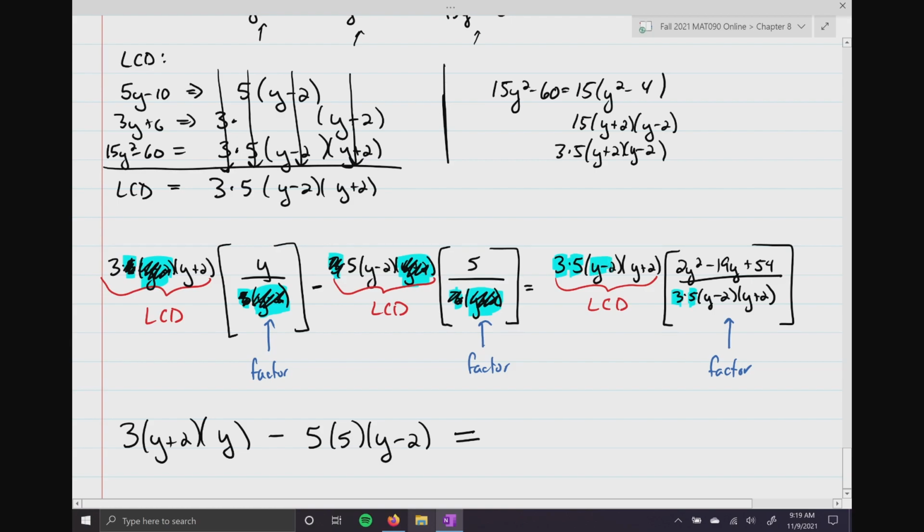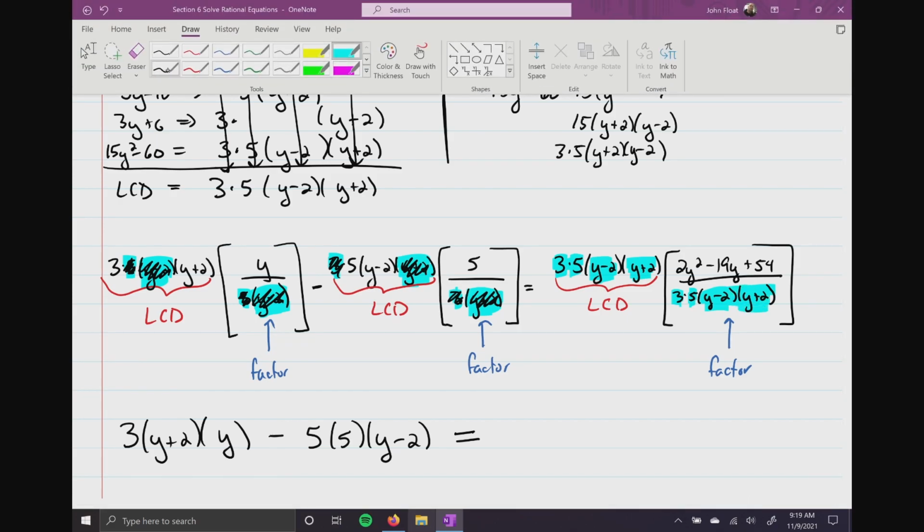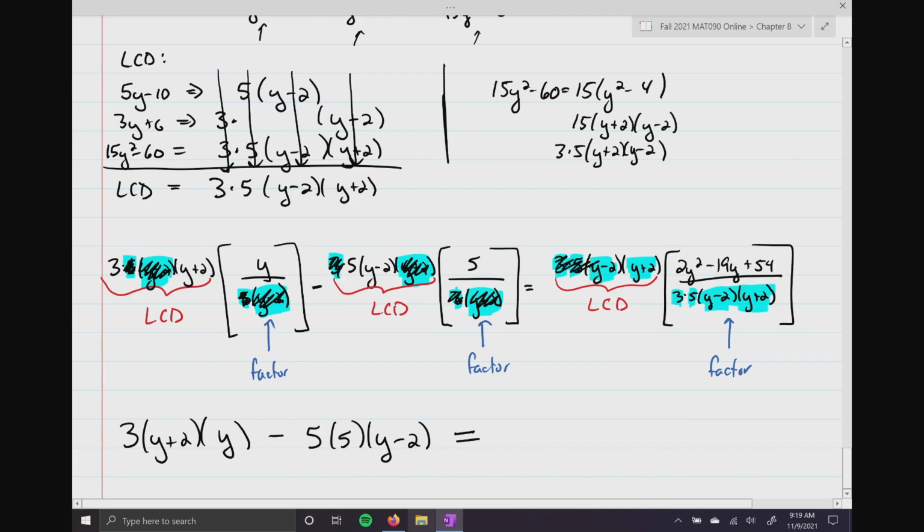I got a y minus 2, I got a y minus 2. I got a y plus 2, and I got a y plus 2. So it looks like this entire denominator is going to be scratched out. And that's fine. So I'm left over with 2y to the second minus 19y plus 54.